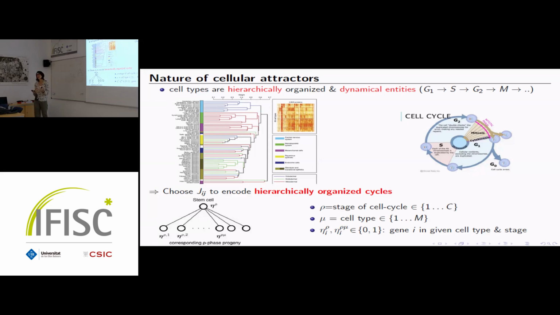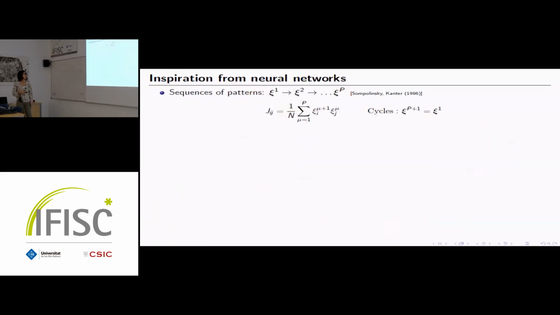So what are the patterns now? Well, they are basically vectors of 1 and 0, which tell us for each cell type mu and for each stage of the cell cycle rho, which gene is expressed and which is not expressed.